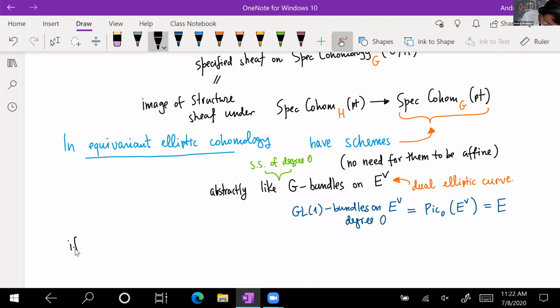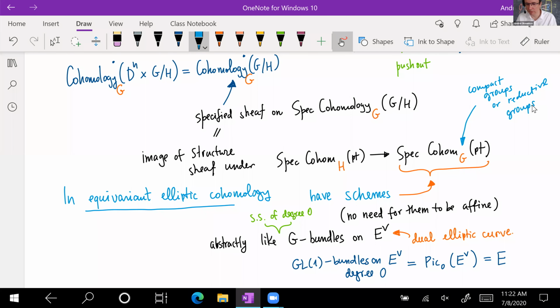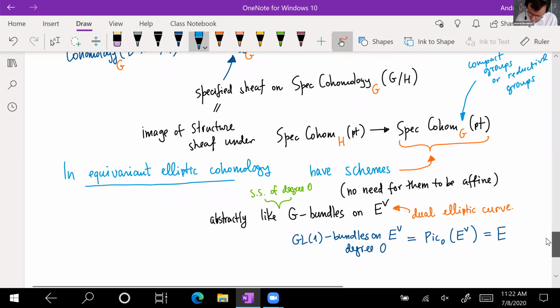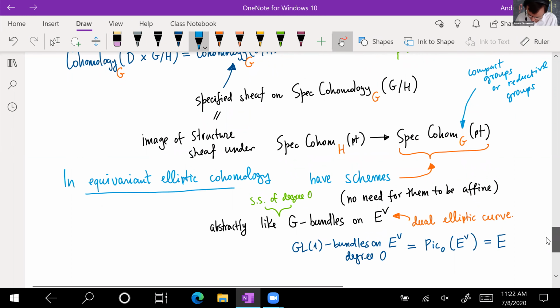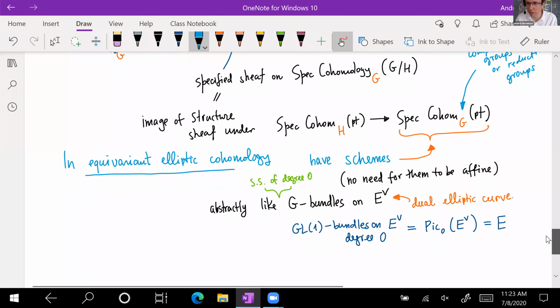Otherwise it just gets very confusing, because we will have some torus action, which is an algebraic torus, and I would like to define something in the elliptic homology with respect to that torus action. Of course, we take a compact form of that torus, but if we have different notation for the torus in its compact form, I think that will be a nightmare. I think it's easier to remember that in topology we deal with compact groups, but in algebraic geometry we deal with reductive groups.